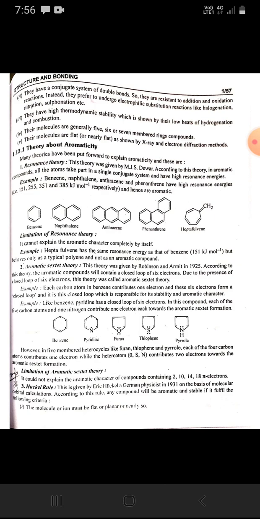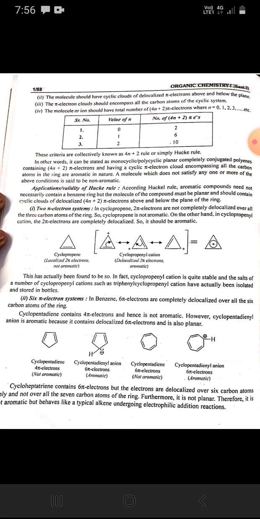First, the molecule or ion must be flat, planar, or nearly so. The molecule should have a cyclic cloud of delocalized pi electrons above and below the plane. The pi electron cloud should encompass all the carbon atoms of the cyclic system.